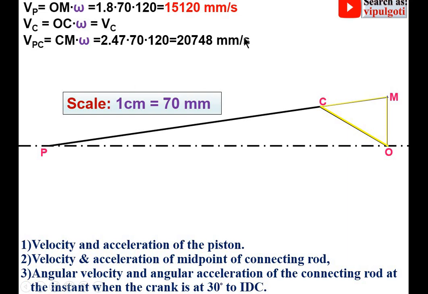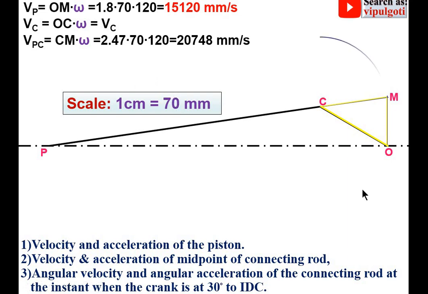Unit is mm per second because your scale is 70 mm. Keep in mind that whether it is OM, OC or CM, it must be multiplied by omega because all of these are vectors from the velocity diagram. One more thing, if I want to find OM, OC and CM, then it is always multiplied by scale.